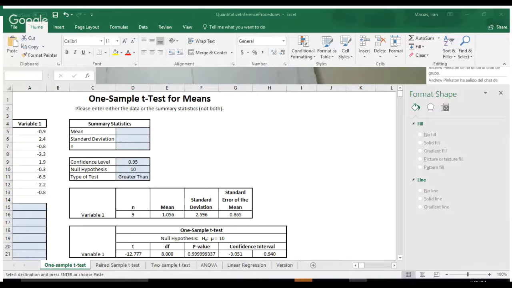I think so, but I'm not sure where to plug that in. So the degrees of freedom needs to be 8, right?